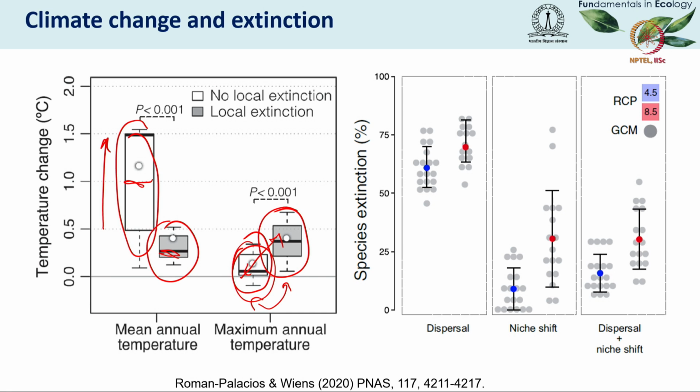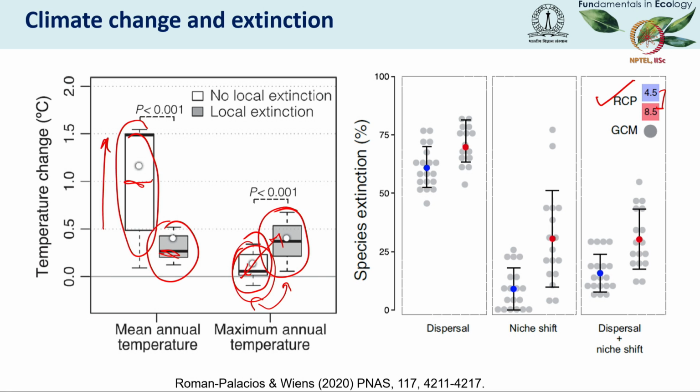And one can ask, if the strategy of the species to deal with climate change is dispersal, it is shifting its range, what is the probability of a species going extinct under different representative concentration pathway scenarios, 4.5 and 8.5?